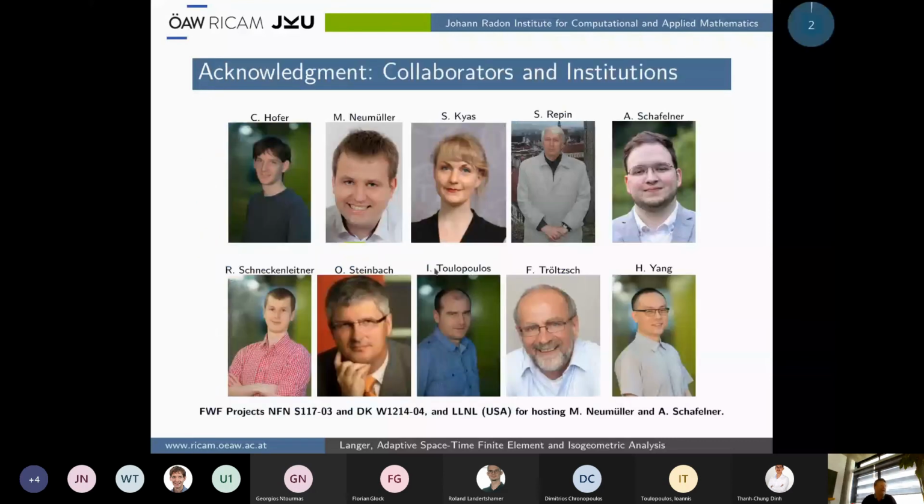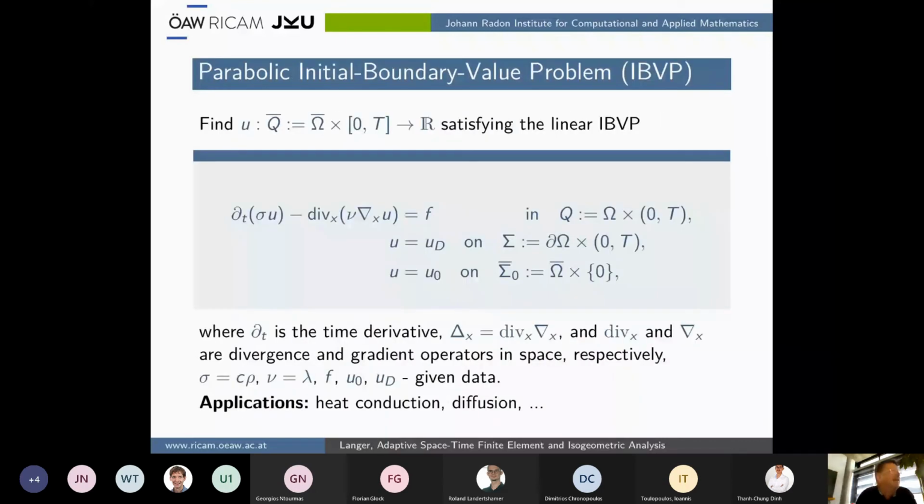So, okay, I look at a well-known problem: the parabolic initial boundary value problem, which is nothing else than the heat equation. It models heat conduction or diffusion, where sigma is the heat capacity times the density, nu is the heat conductivity coefficient, and f is the heat source. I use Dirichlet boundary temperature on the boundary and given temperature at the initial time.